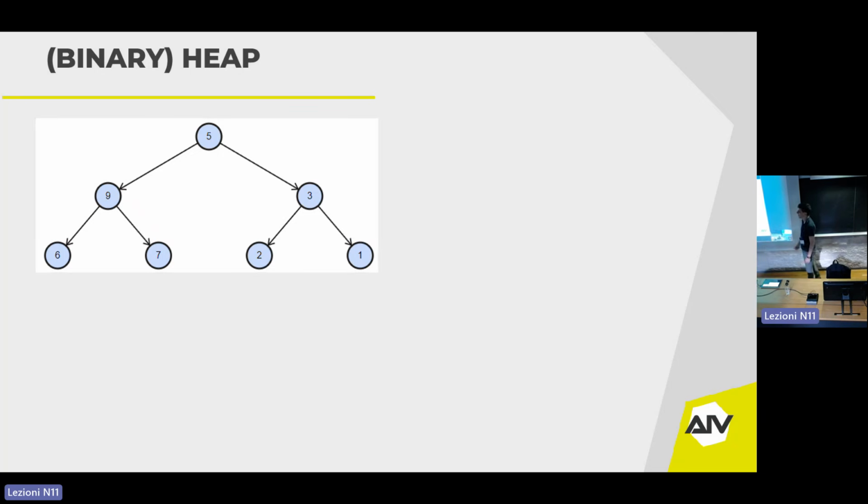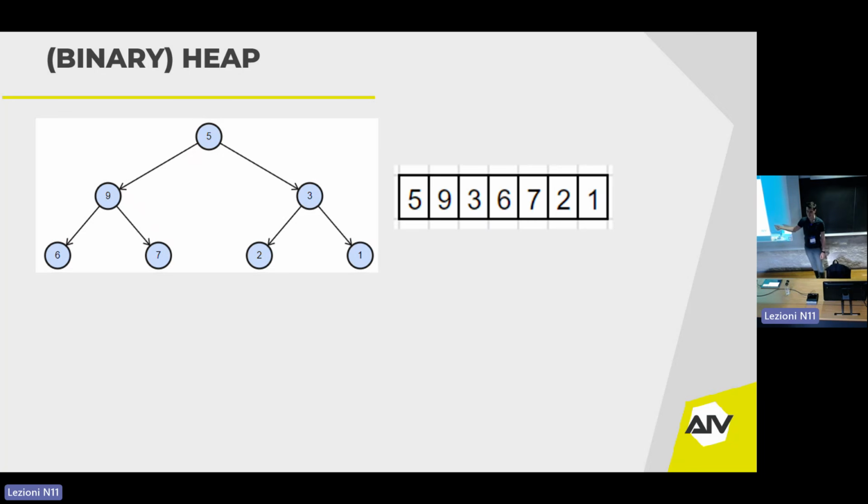Now, the cool thing about balanced binary trees is that they can be represented as an array, where the array contains the nodes from left to right, from top to bottom. Here we can see 5, 9, 3, 6, 7, 2, 1.